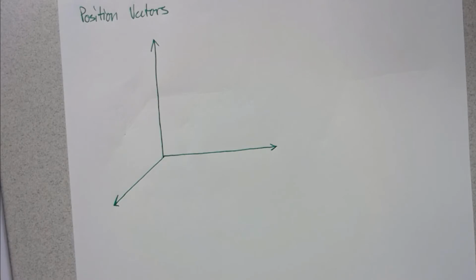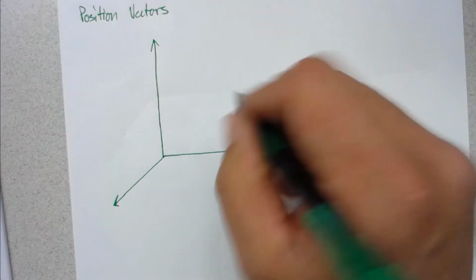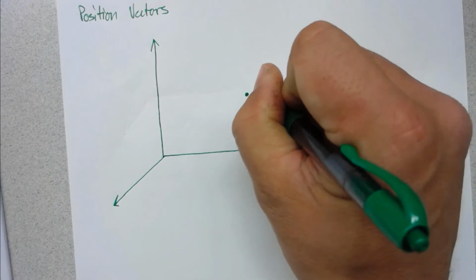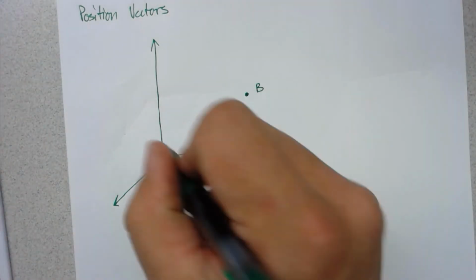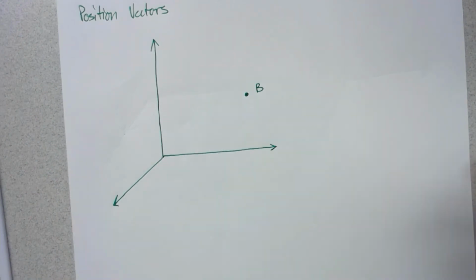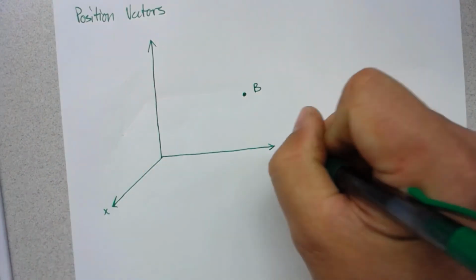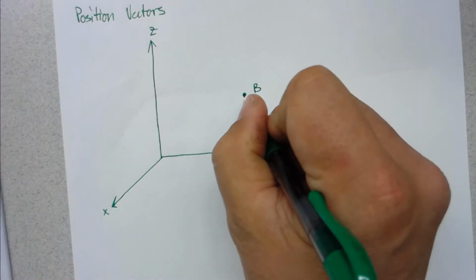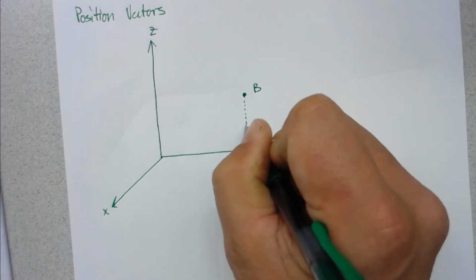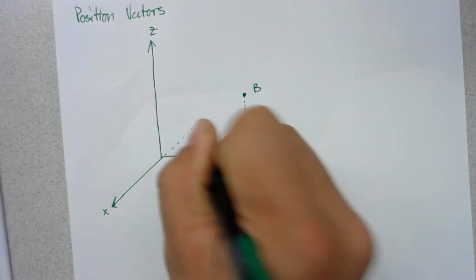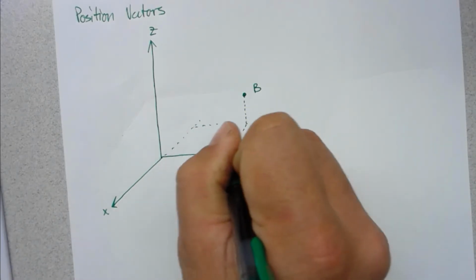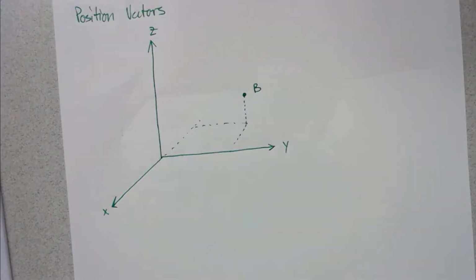We'll often have, say, this point out in space, B. And B will say, to get to B, you travel in the X, Y, and Z directions. That's where B is.